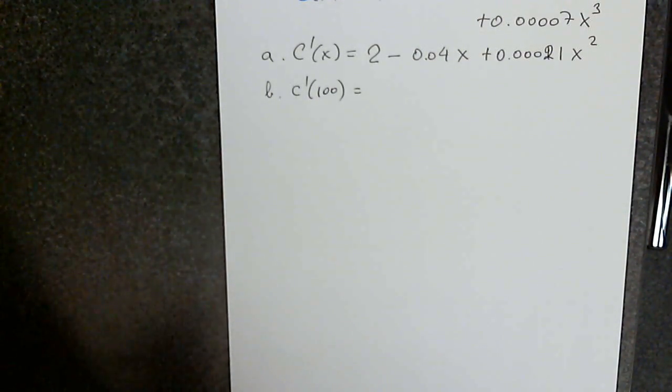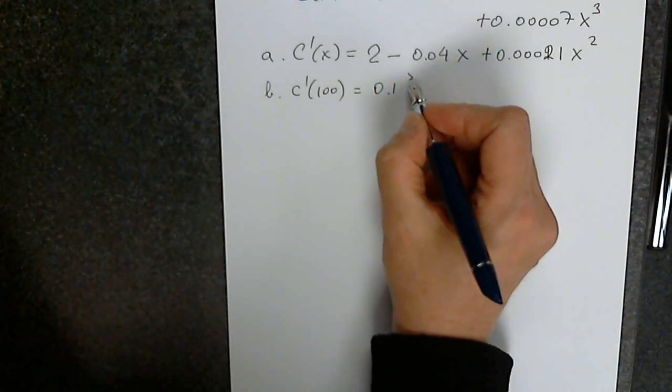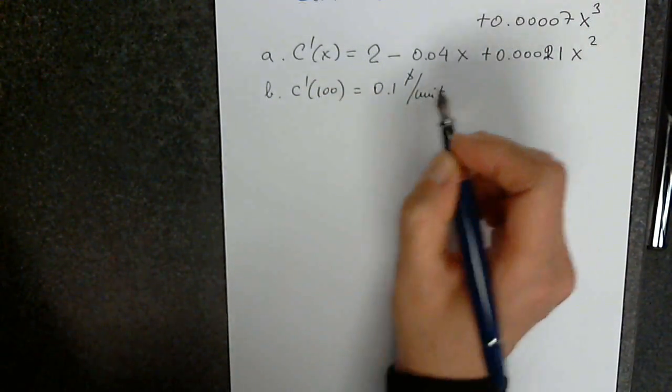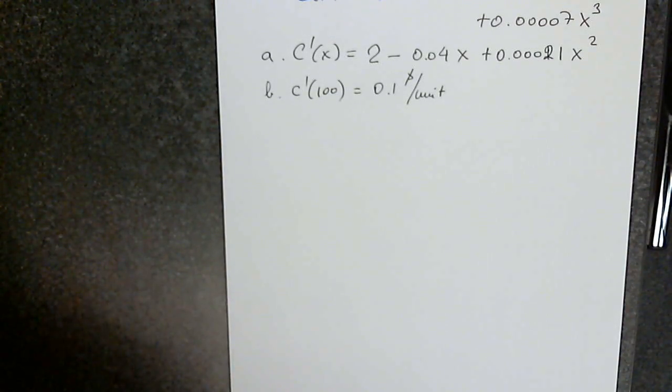I will plug it in. So I have 2 minus 0.04 multiplied by 100 plus 0.0002 multiplied by 100 squared. And I got 0.1 dollars per unit. Explain its meaning.